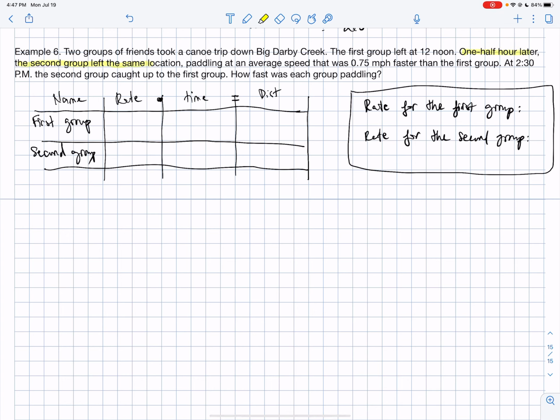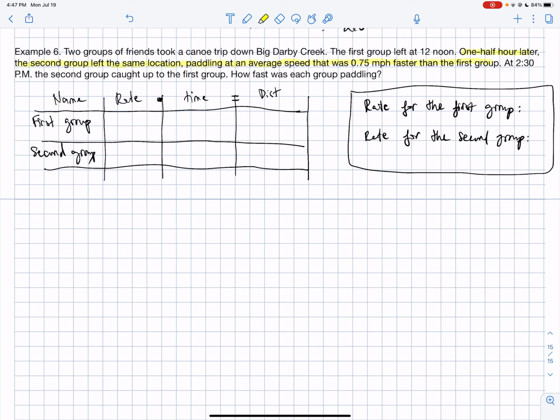The second group left the same location, paddling at an average speed that was 0.75 miles per hour faster than the first group. What does 0.75 miles per hour mean in this case? Look at the unit, miles per hour. This is talking about the rate, the speed.